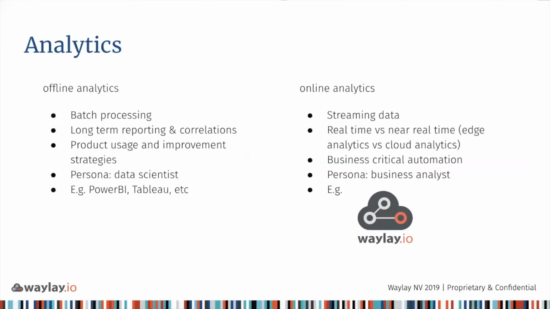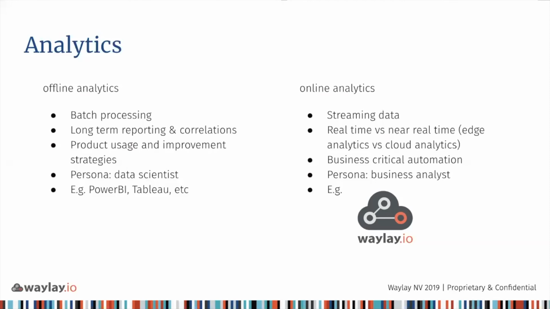Now, when we speak about analytics, analytics is a wide topic in the industry today. So I'm going to make a distinction between offline analytics and online analytics. Offline analytics is typically a process where people generate reports, do correlations with billing systems, for example, and typically it's done in an offline mode by data scientists that use tools like Power BI or Tableau.